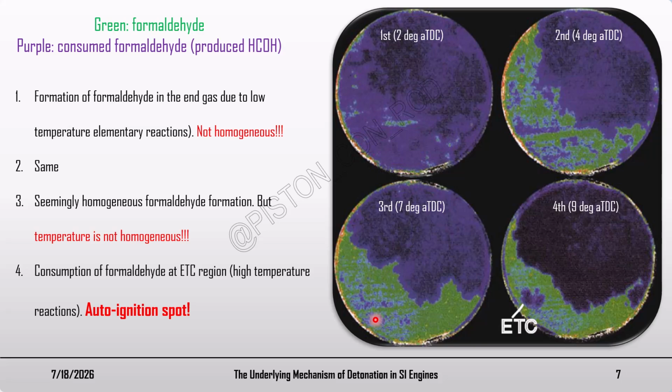And after that limit, high temperature reactions kick in and will consume remaining fuel and air at that location. And that will be the spot where autoignition happened. As you can see in the fourth picture, at this spot we had rapid consumption of fuel and air. And that will be our autoignition spot or exothermic center. So this was the underlying mechanism of autoignition.